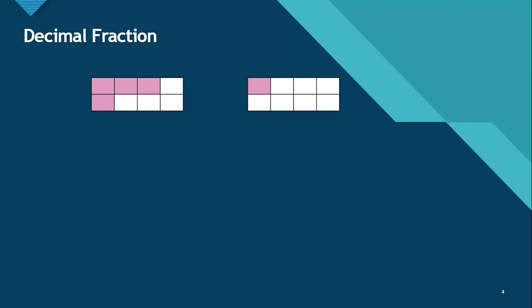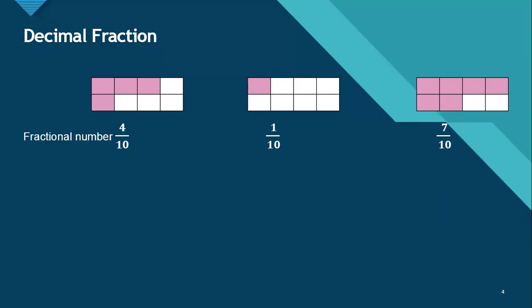And another example, where we cover 7 out of 10. We will represent these pictures as fractions. The first picture will be 4 by 10, the second 1 by 10, and the third 7 by 10.